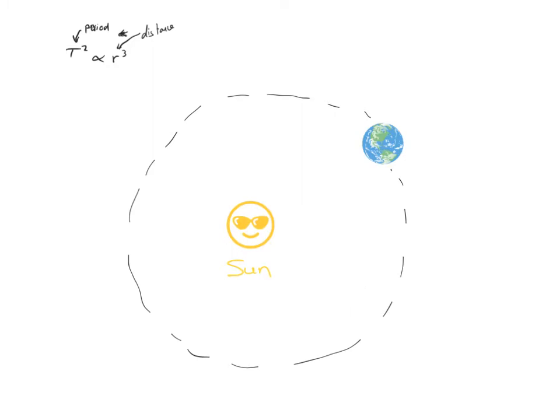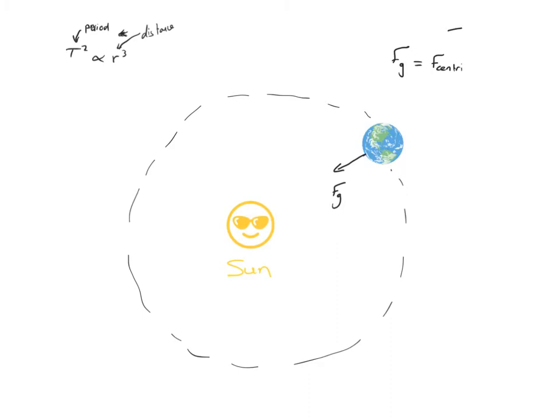So if I assume that that's the orbit, now what forces are acting on the Earth? There's only one force acting on the Earth, and that's the gravitational attraction to the sun. So that should be my centripetal force. So my gravitational force acting on Earth should be equal to the centripetal force.